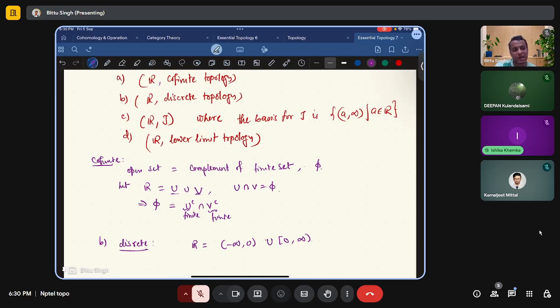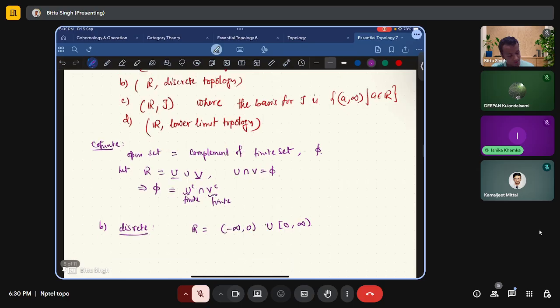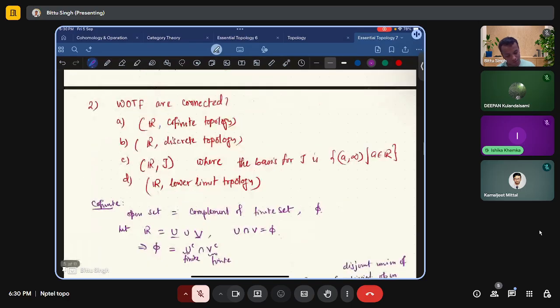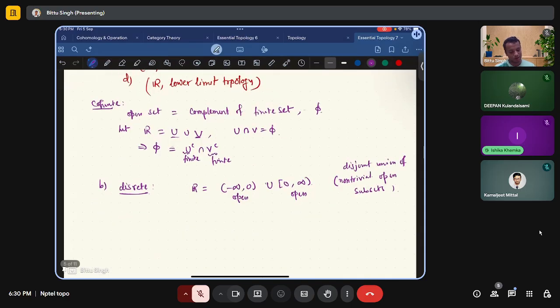In the discrete topology, any subset is open, so this is open, this is also open, and this is a non-trivial disjoint union of non-trivial open subsets. So R is not connected.